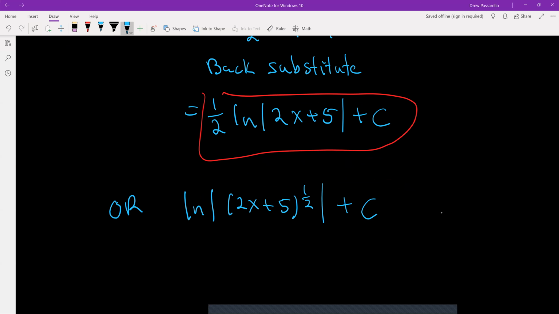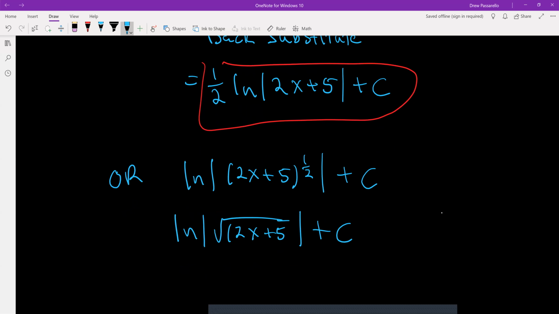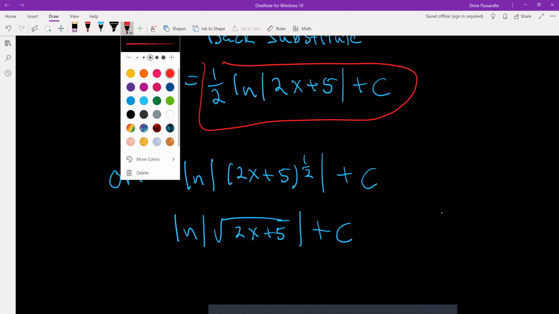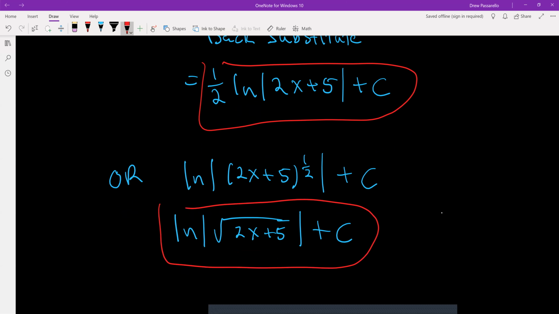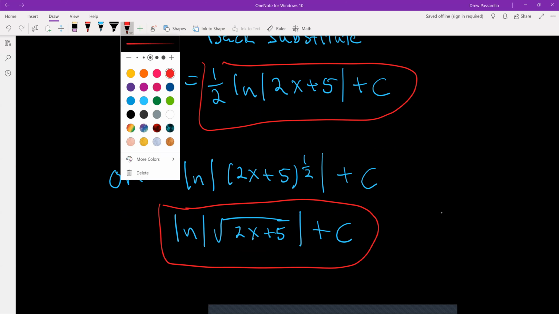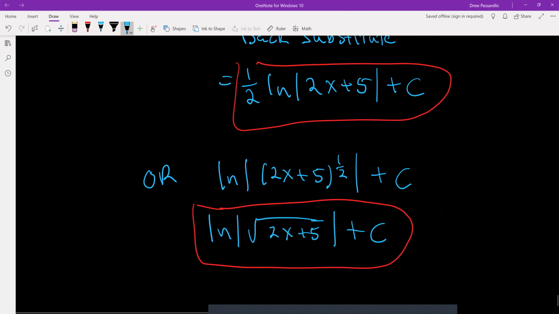So this would be natural log of the absolute value of the square root of 2x plus 5. So either one, just mentioning if you use logarithm rules, that's what it would turn into.